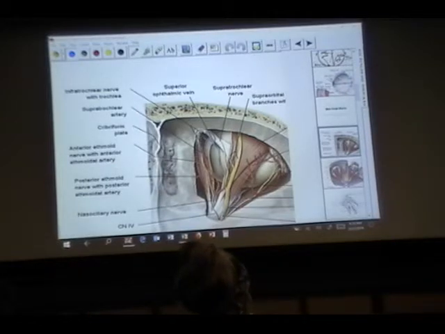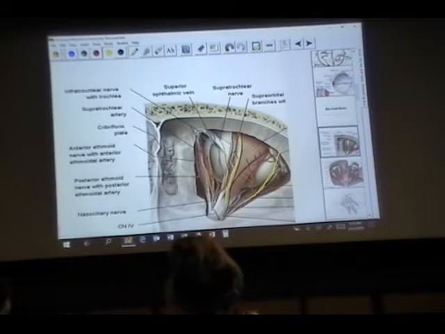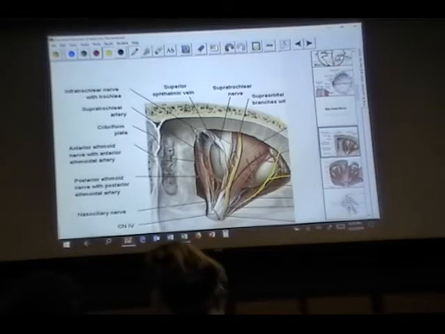So we have one over here, which is going to actually pass out of the orbit over the top of the lacrimal gland and come out here. And this is what we refer to as the lacrimal branch.